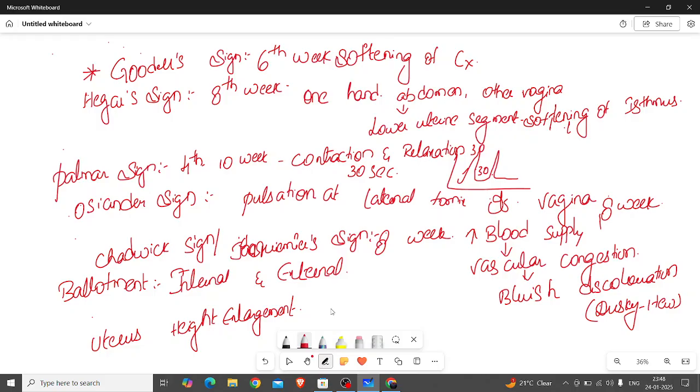At 28 weeks, it is above the umbilicus by 1/3. At 32 weeks, it reaches around 2/3 above the umbilicus, and at 36 weeks, it reaches up to the xiphoid process. These are all the different signs which can be shown in pregnancy time.